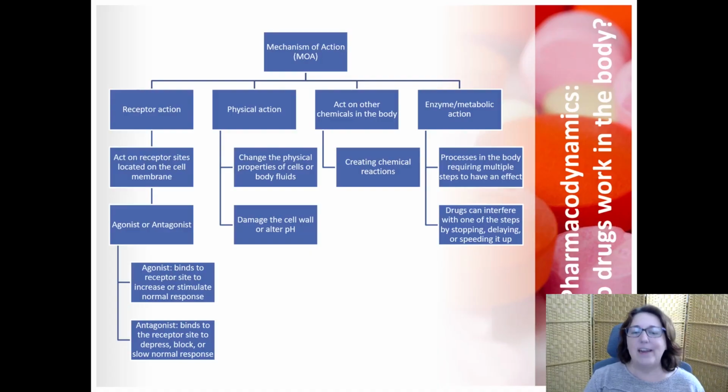One enzyme is activated, which then activates another enzyme, which activates another enzyme, etc., until the cellular reaction occurs. If one of these steps is blocked, then normal cell function is disrupted. It can also work by speeding up the cascade, which then can end up affecting how the body responds.